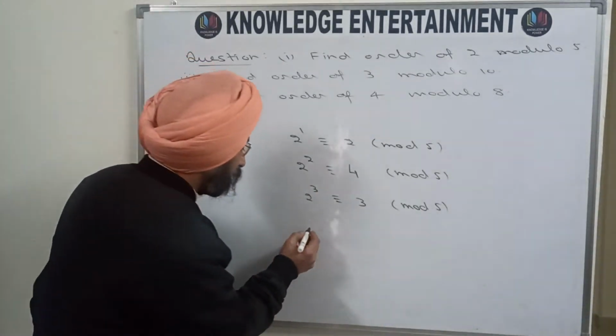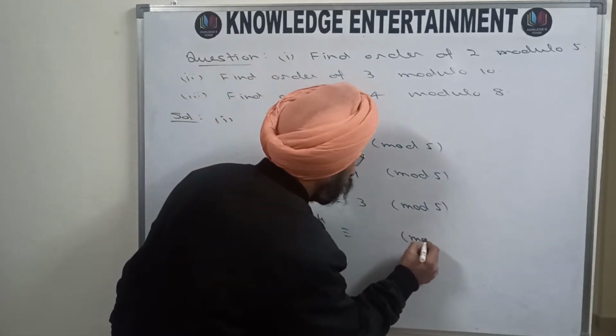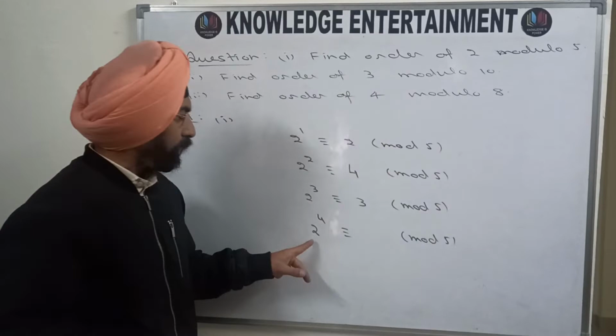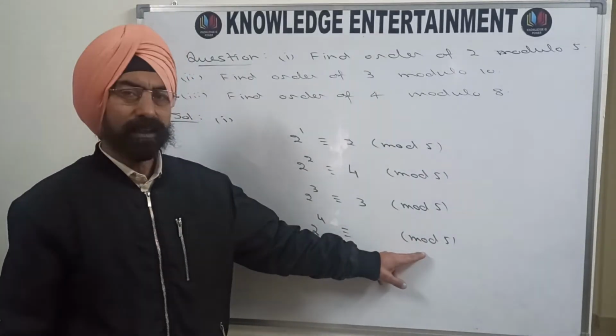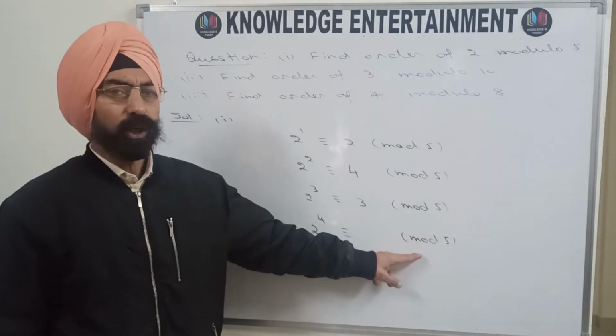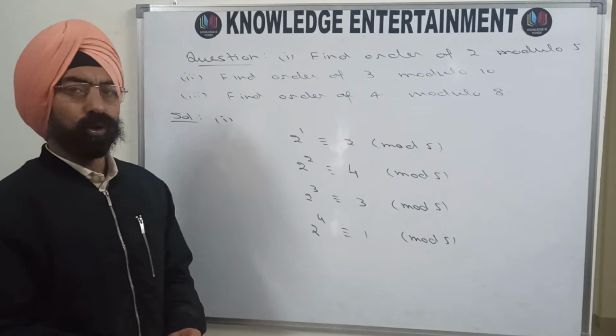Let us move ahead. 4. 2 raised to the power 4 congruent to what modulo 5? 2 raised to the power 4 is 16. And 16 when divided by 5 will give you remainder 1. So 2 raised to the power 4 is congruent to 1 modulo 5.